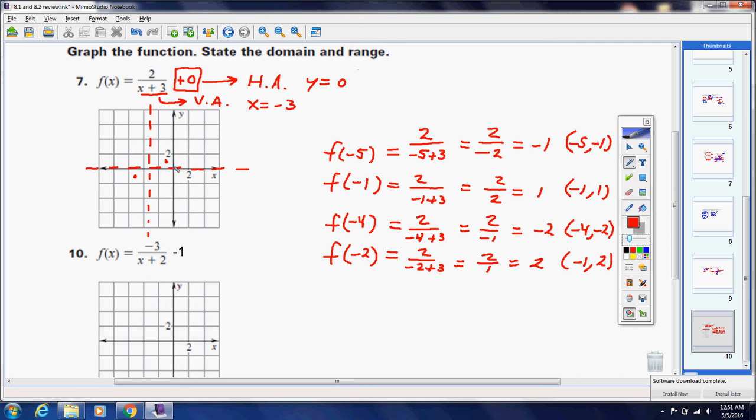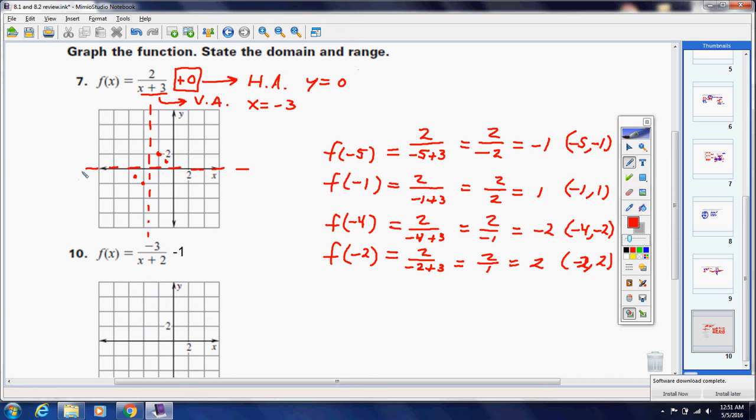Negative 4, 1, 2, 3, 4, comma, negative 2, right there. And this was a negative 2, sorry. Negative 2, comma 2, so right here.